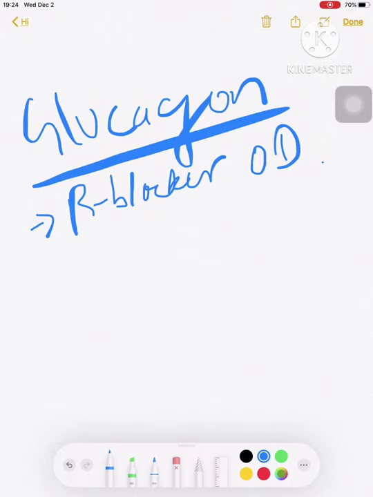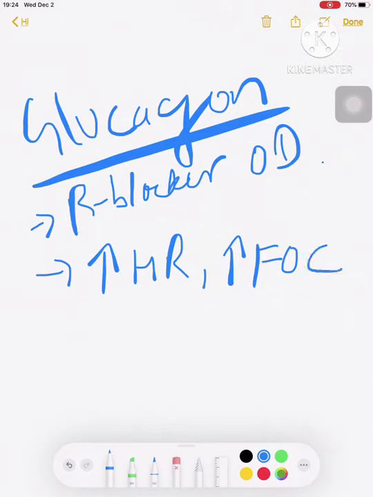That is, it increases the heart rate and it also increases the force of contraction, which is the opposite action to that of beta blockers. These actions take place through glucagon receptors that are G protein receptors linked to adenylyl cyclase, not via beta receptors. So this is the basis of use of glucagon in beta blocker overdose.